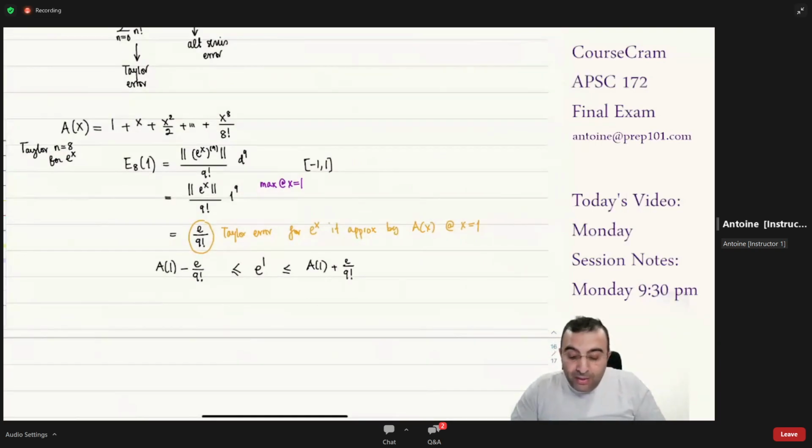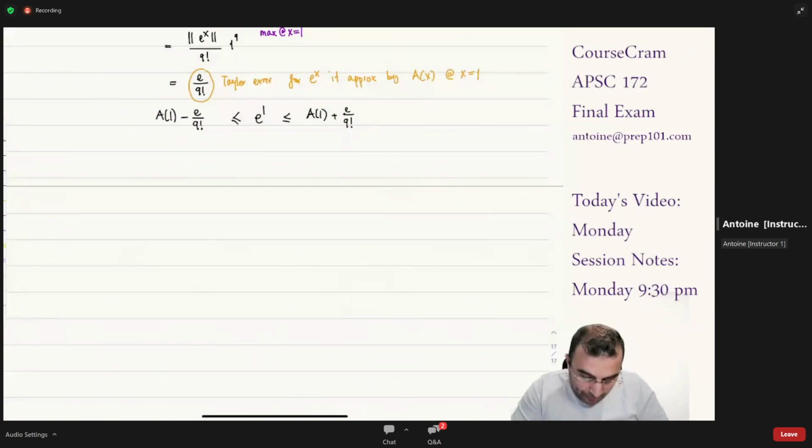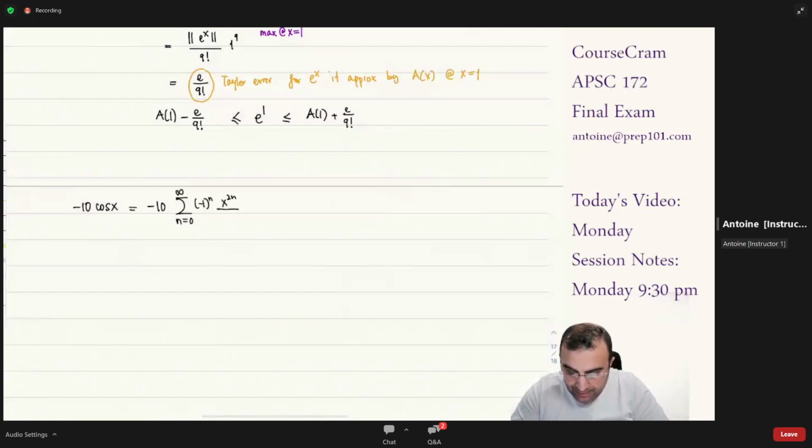Now we're going to do an alternating series error for 10 cos x. So if I take minus 10 cos x, this would be minus 10 times the summation from n equals 0 to infinity of minus 1 to the n, x to the 2n over 2n factorial.